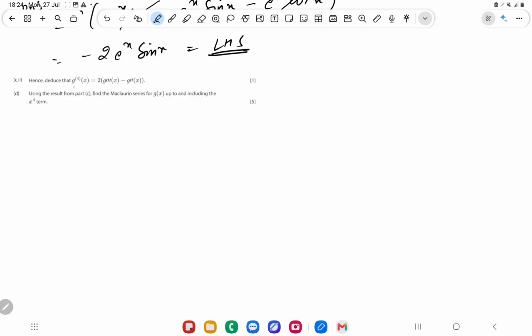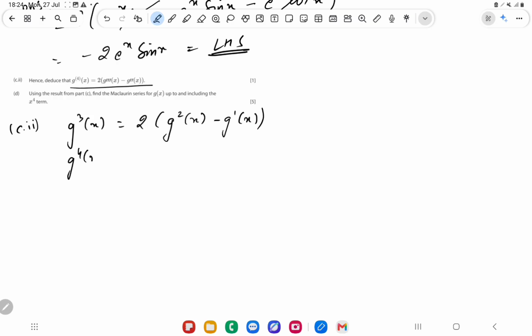Now the next part says we have to reduce that g dash 4 times, it means 2 times this. So again, since we have from a part g double dash, it's your wish whether you want to find the 4 derivatives or not, but what I can write is that third derivative of g x will be 2 times, I will just follow the pattern, second derivative minus the first derivative.